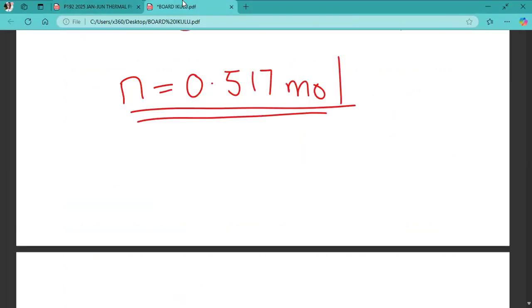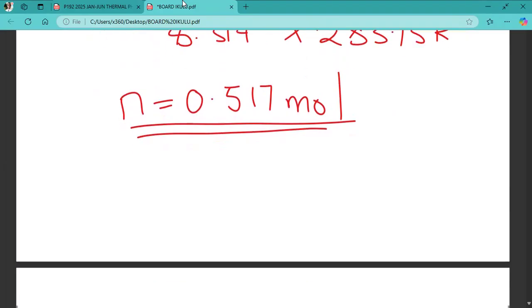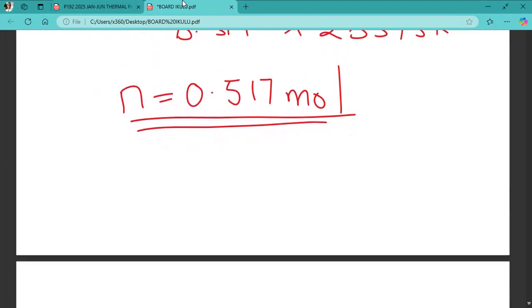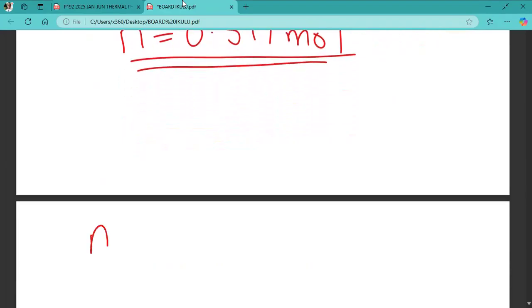So in order for me to find question B, what am I going to do? I'm just going to use the mass is equal to the number of moles multiplied by the molar mass.